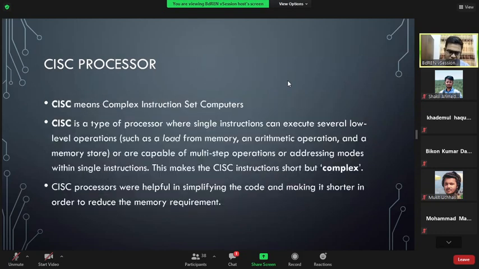Okay, let me start with the CISC again. Why I'm showing all of this together is so that you have an idea, as an overview, that CISC is generally used in laptop or PC or high-end device where we need more processing power. On the other side, the RISC processor, except the two examples you have seen, the supercomputer and the Unix computer, the rest of the examples are related to smaller devices.